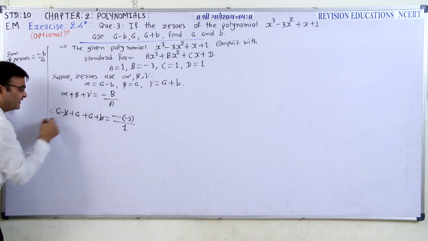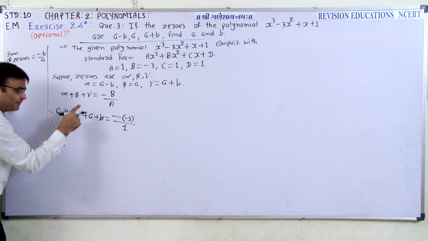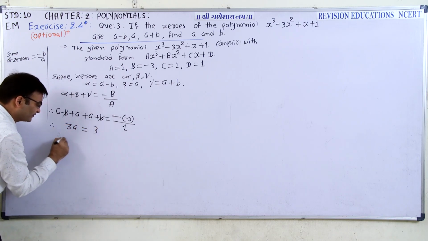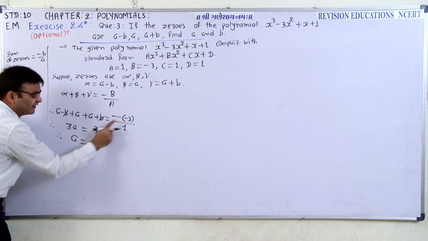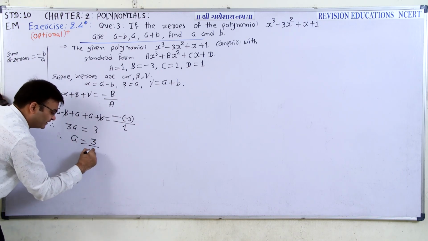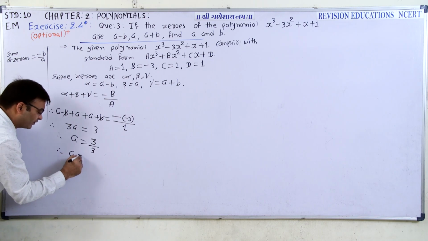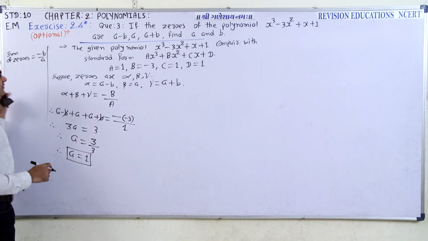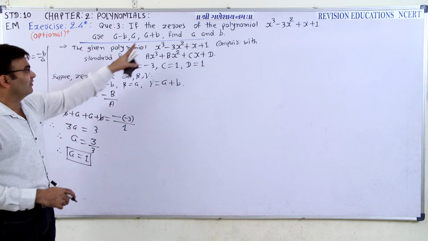Here plus b minus b cancels, a plus a plus a is 3a, is equal to 3. So a is equal to positive 3. We take this 3 into the denominator, so we get the value of a is equal to 1. So the first value we get here is a is equal to 1.